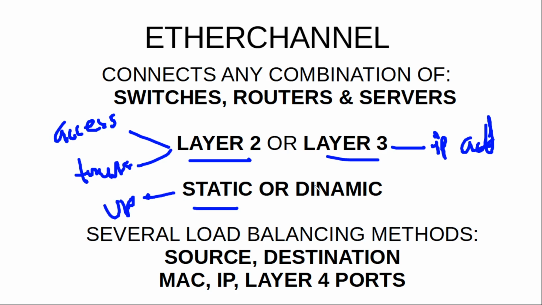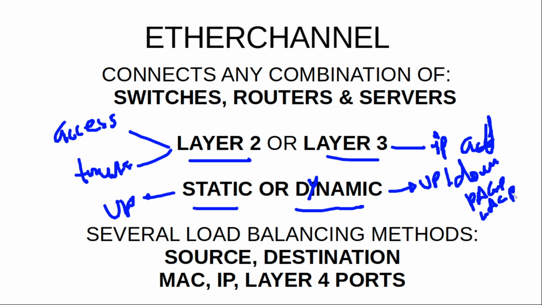Or we can use a dynamic way to configure EtherChannels, where the EtherChannel will negotiate whether to become up or down depending on the protocol. We can use two protocols here, PAgP or LACP. We're going to talk about these protocols later on. We can also select one of several load balancing methods for the EtherChannel. We're going to talk a little bit later about this.